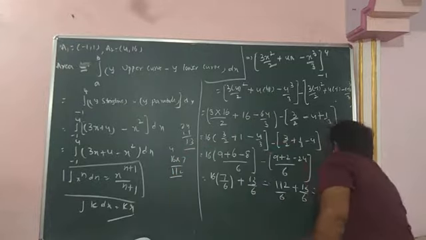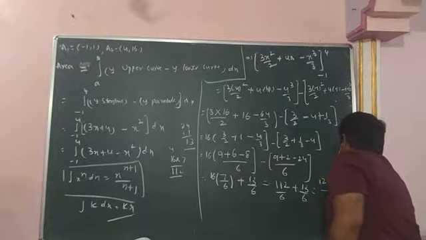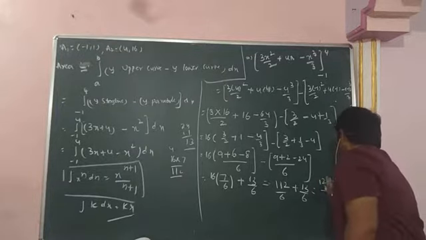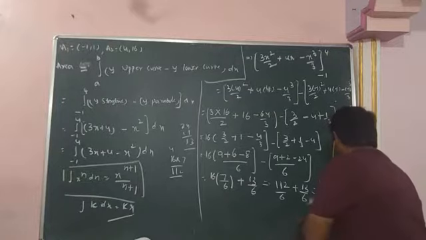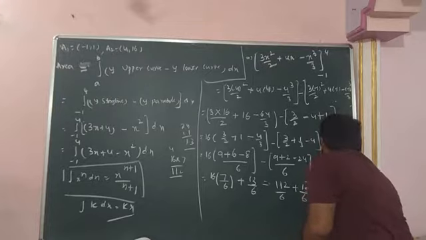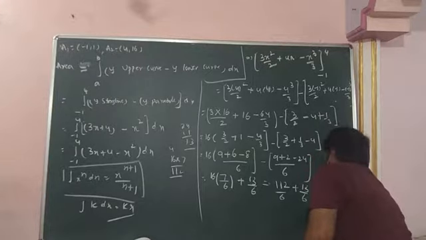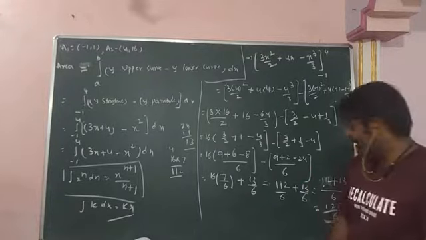We take 6 as the LCM here. 112 plus 13 gives us 125 by 6.